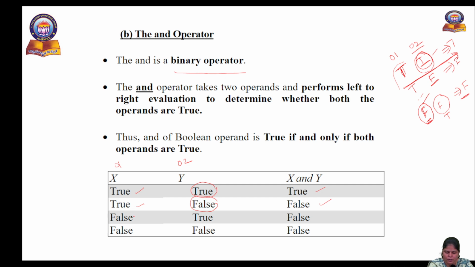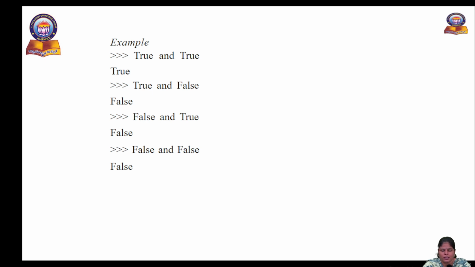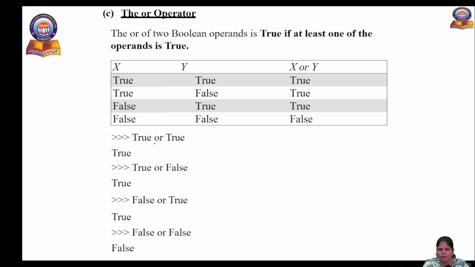Now I check the first operand: it is false, no need of checking the second operand, the output will be false. If the first operand is false, automatically the result will also be false, right? So this is an example of the AND operator. True and true will be true, true and false will be false, false and true will be false, and false and false will be false.